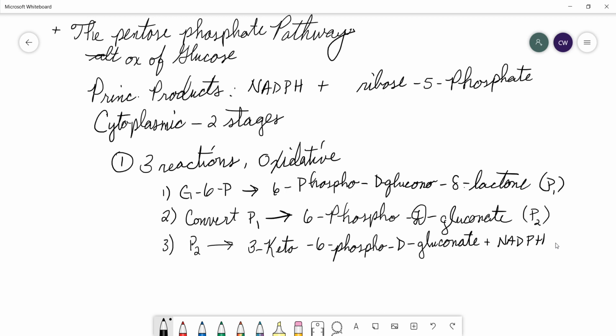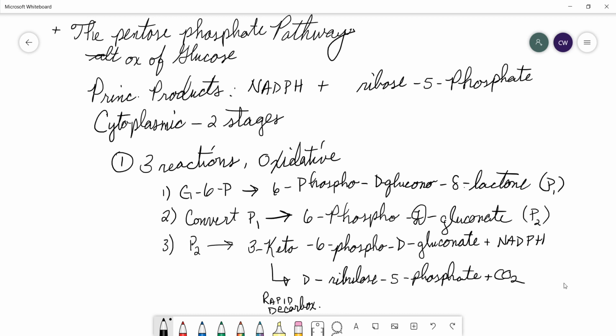This is rapidly decarboxylated to D-ribulose 5-phosphate and CO2.